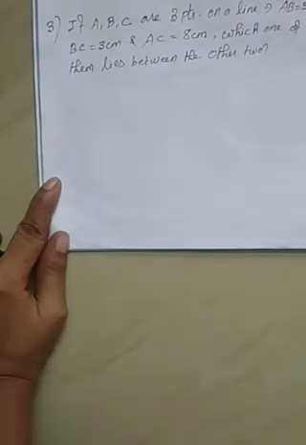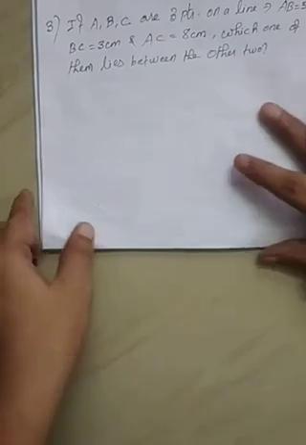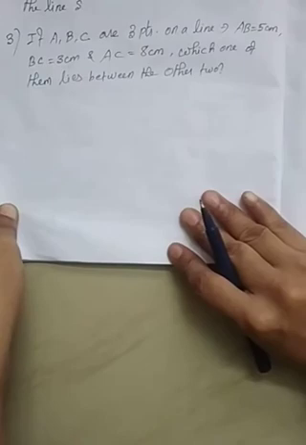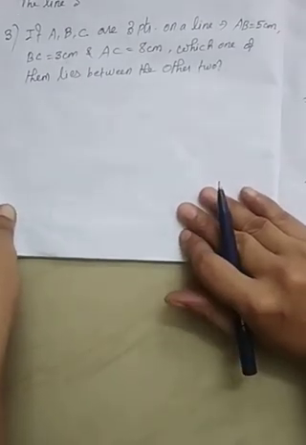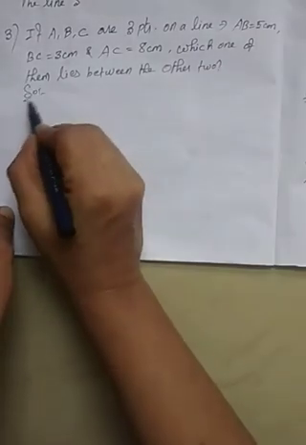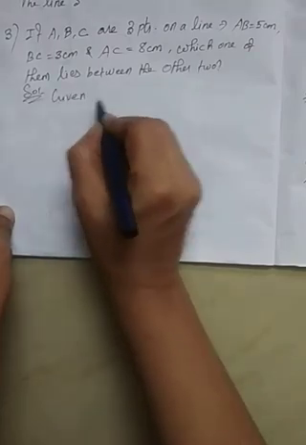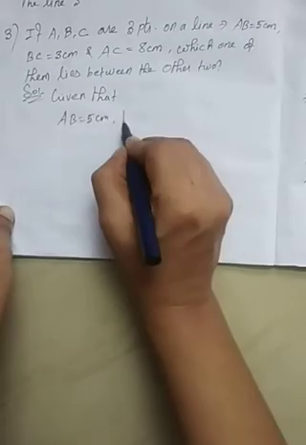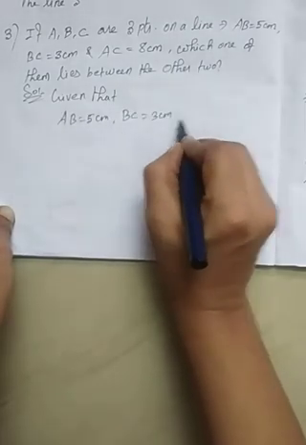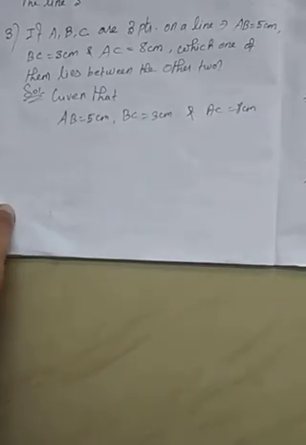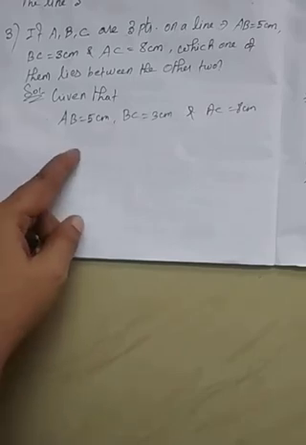The question is, if A, B, C are 3 points on a line such that AB equal to 5 centimeter, BC equal to 3 centimeter and AC equal to 8 centimeter, now which one of them lies between the other two?